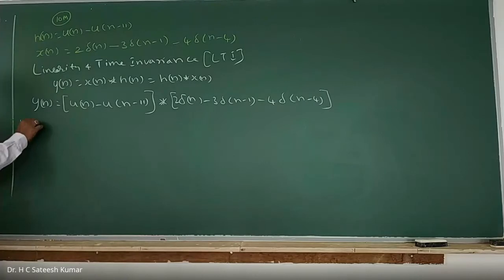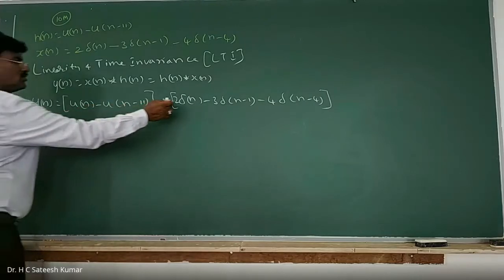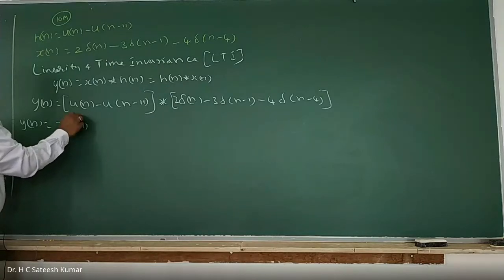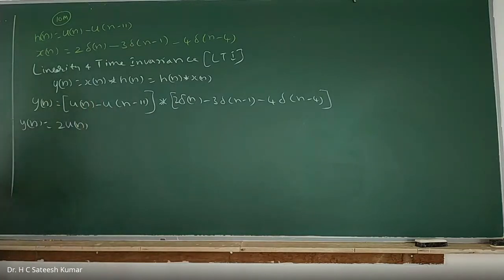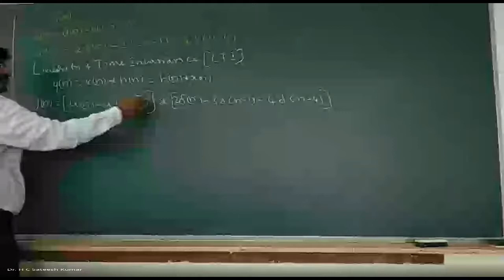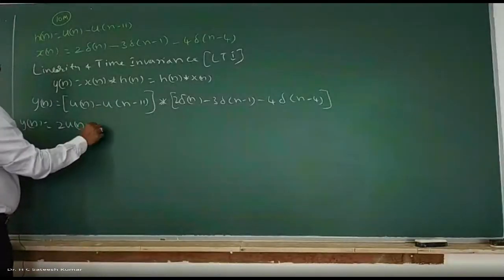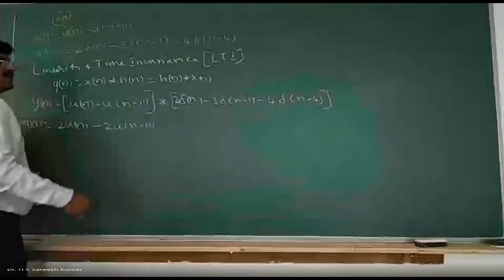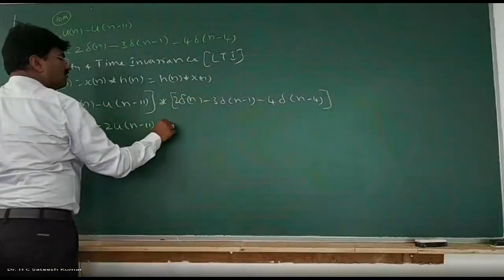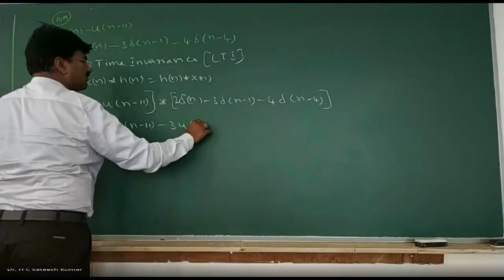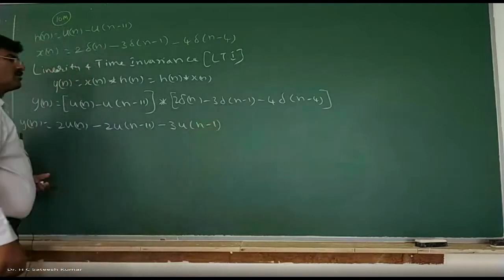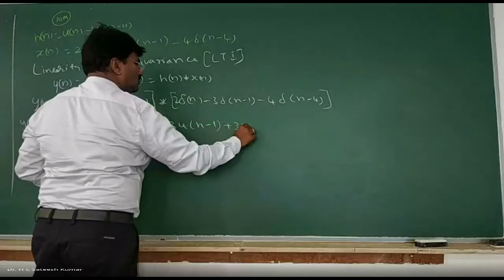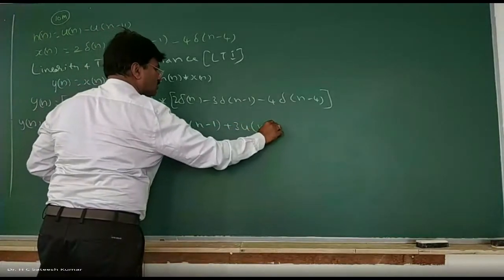Y of n is equal to 2 delta of n convolution with u of n is 2 u of n, because x of n convolution with delta of n is x of n. So minus 2 u of n minus 11. Next, minus 3 u of n minus 1, minus into minus plus 3 u of n minus 12.